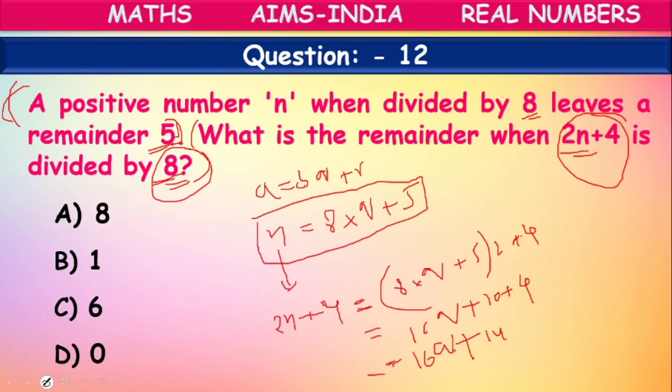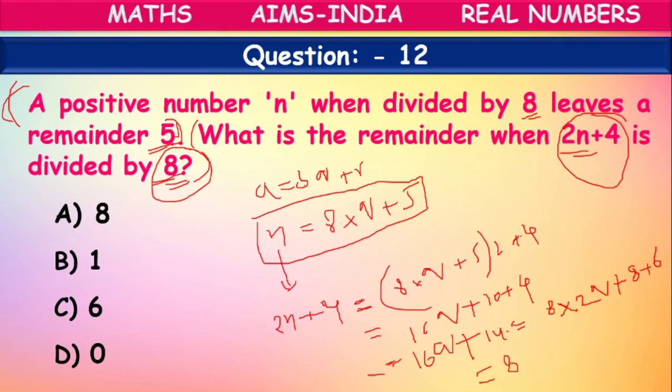So what we can write? 16q plus 14 is there. 16, how to write in terms of 8? We can write 8 into 2q plus 14, how to write? We can write 8 plus 6 because we need divisor in the form of 8. So we are writing in terms of 8.